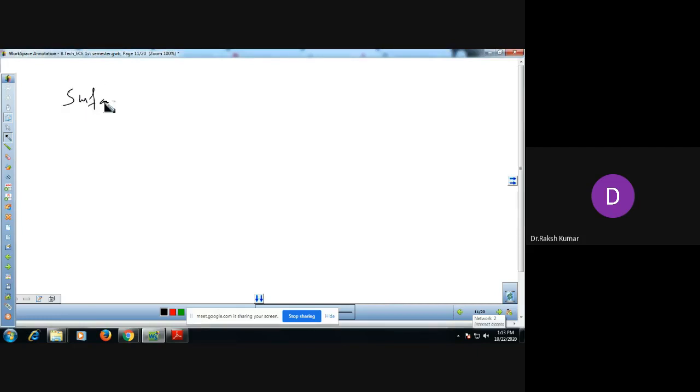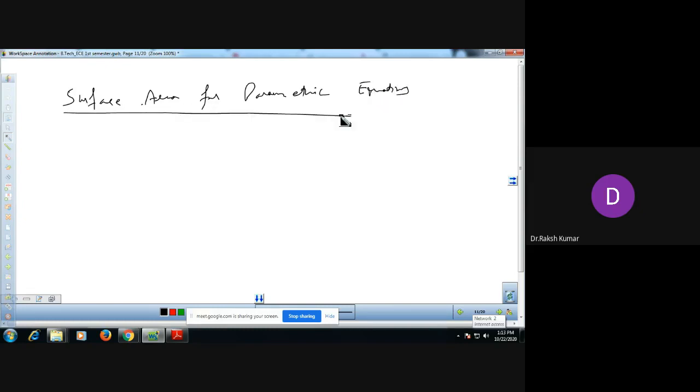So surface area for parametric equations. This is what we have to do now. It means the equation should be in parameter form.